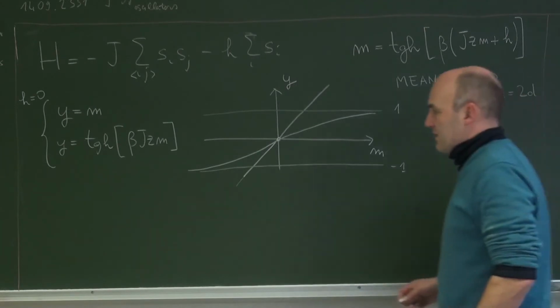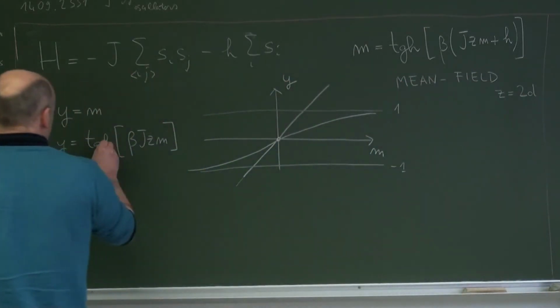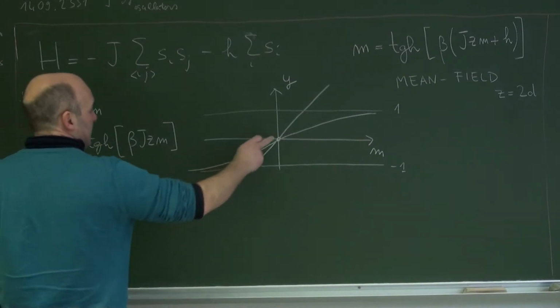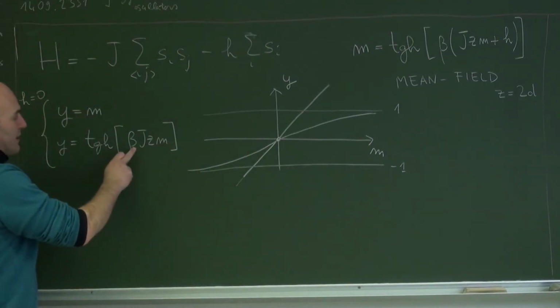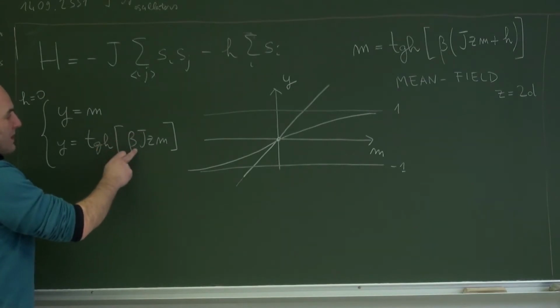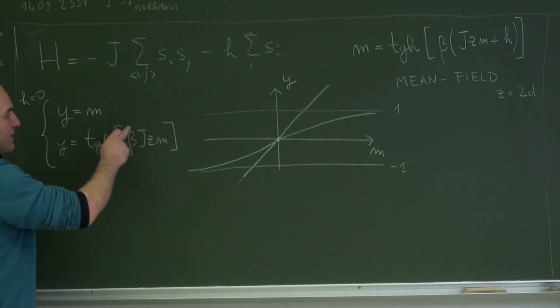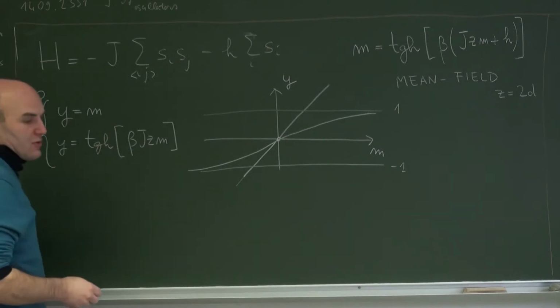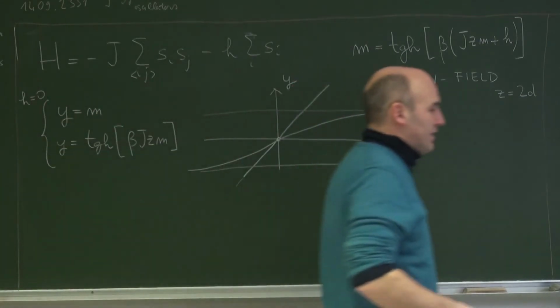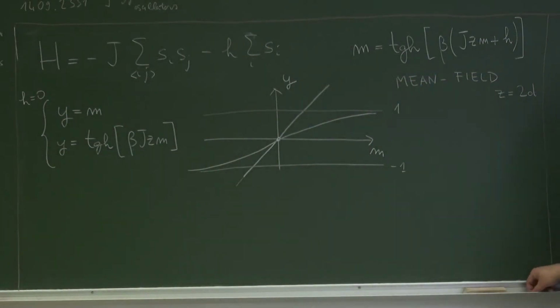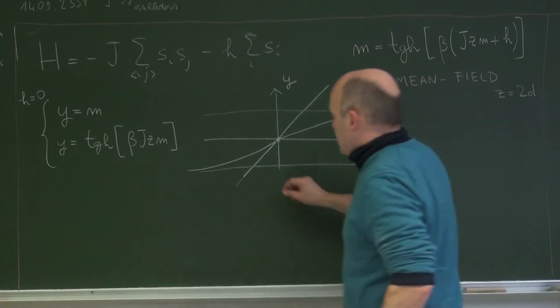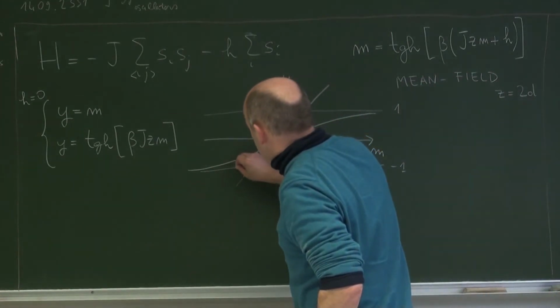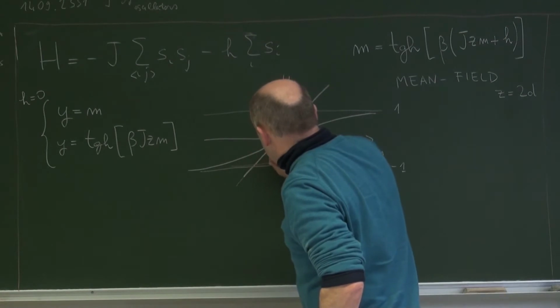No, we can easily realize that this is not all, because I'm plotting here a special case. You see that if the temperature becomes small enough, which means that beta goes to infinity, our hyperbolic tangent has a similar shape, but it becomes sharper and sharper close to the origin.